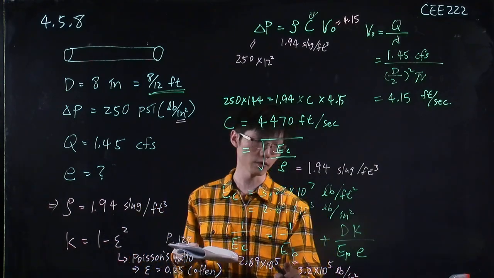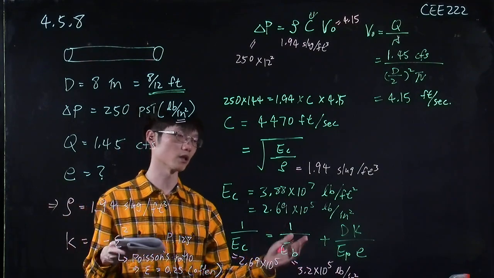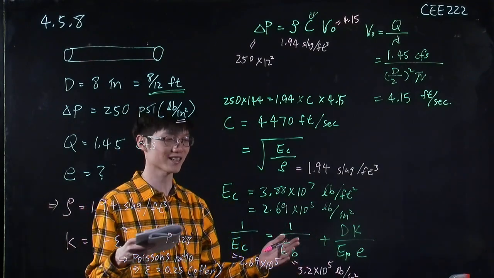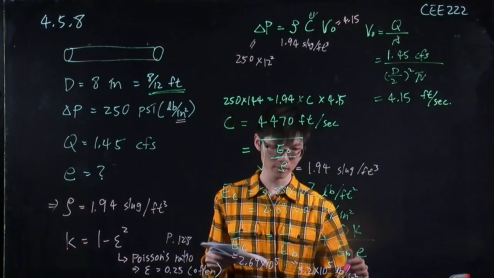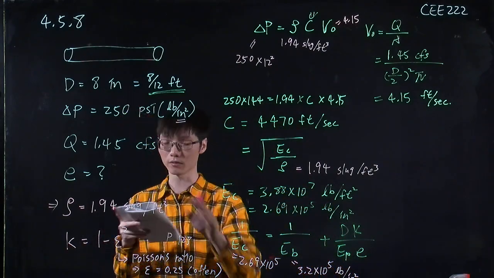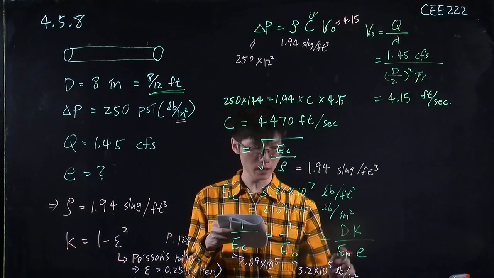I think you can find this value in the textbook or Google it if you're able to get this EB value for the water. And the diameter of the pipe is equal to 8 inch.